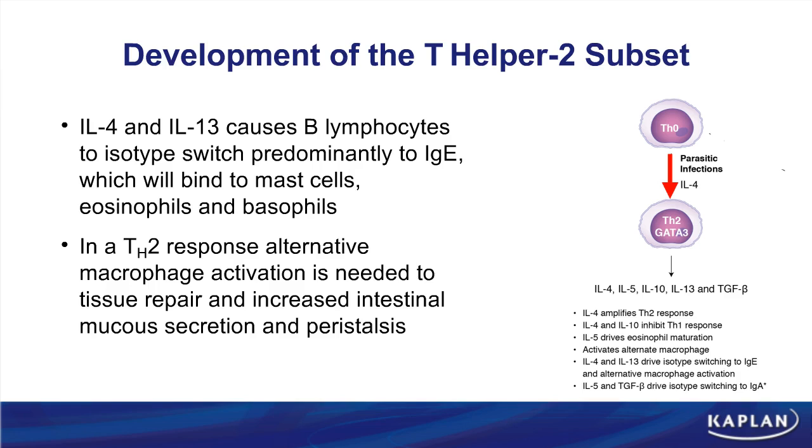It will directly cause damage to the tissue, and then when I'm trying to destroy it, I am going to have a lot of tissue damage from the destruction of the pathogen. So rather than have a macrophage come in that's going to do more killing, you bring a macrophage in that is essentially going to help clean up the mess. So that's another major difference between a Th1 response and a Th2.